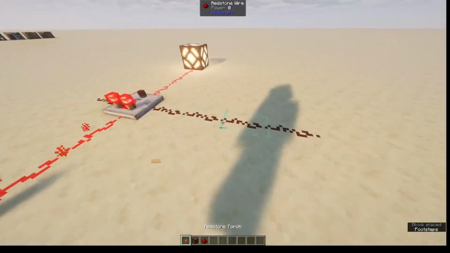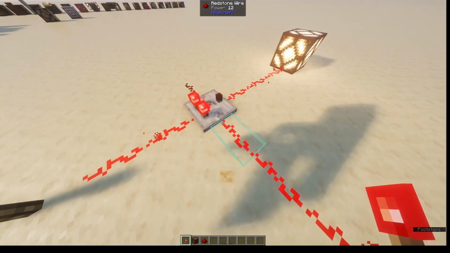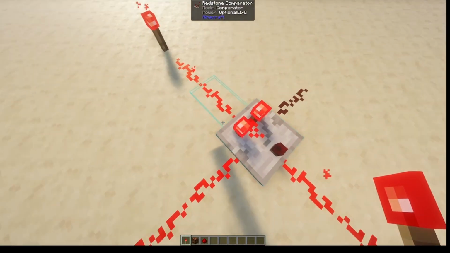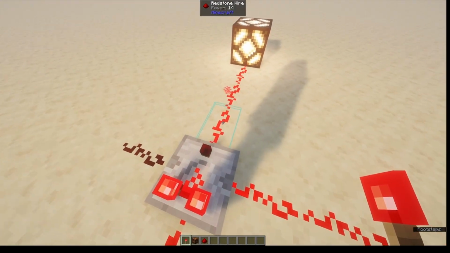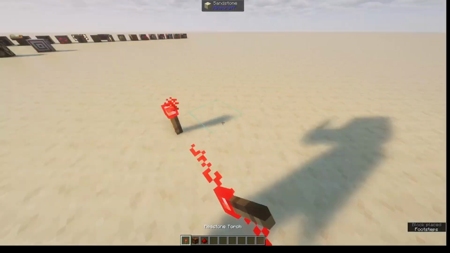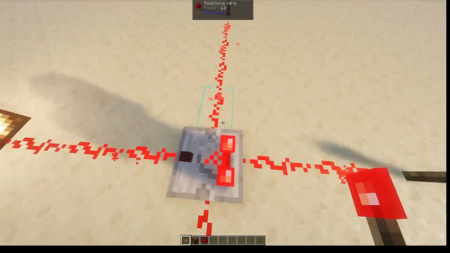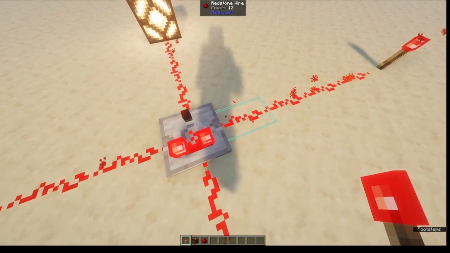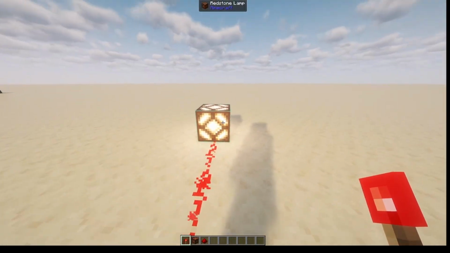Let's say we have an input of 12 going into the side of the comparator. Since 14 is greater than 12, we have an output of 14. Similarly, if we have an input of 10 going into the other side of the comparator, again 14 is greater than both 12 and 10, so it will still output a power level of 14.